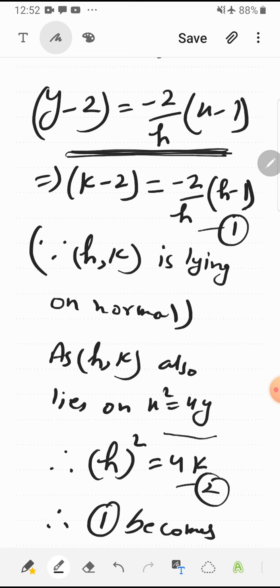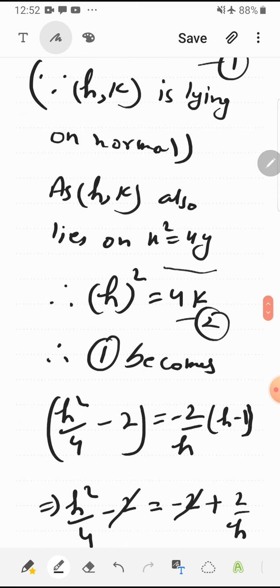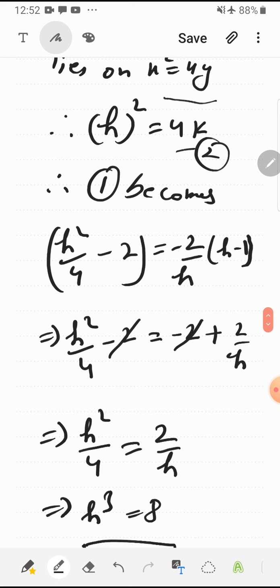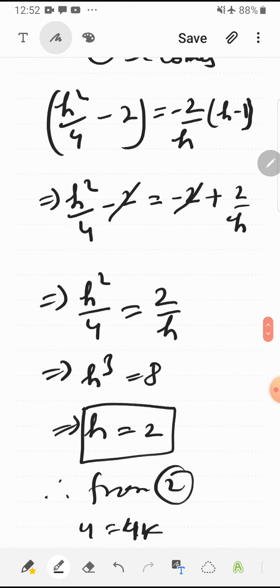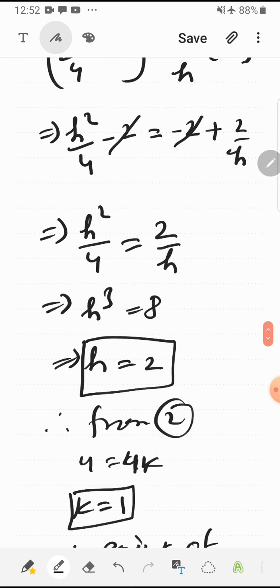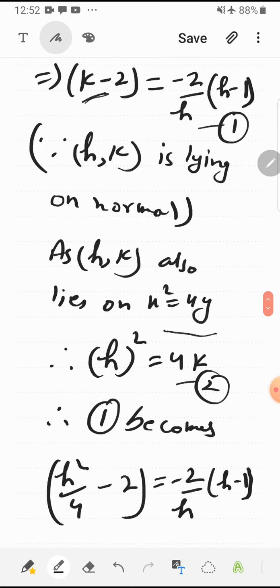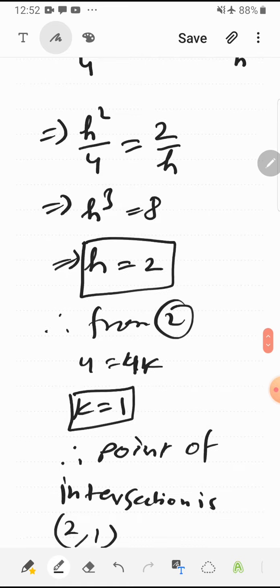So putting the value of k in equation number 1, I get h square by 4 minus 2 equals minus 2 by h into h minus 1. Opening the bracket, after simplification h cube is 8, so h is 2, and now putting h in equation number 2, I get k as 1.